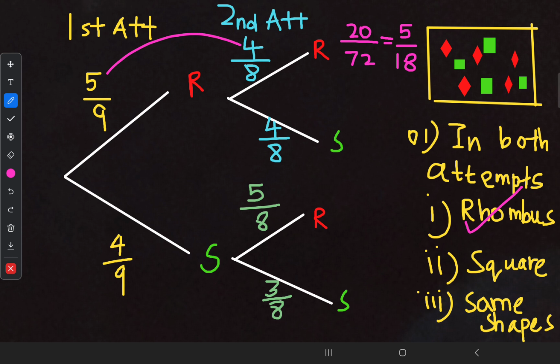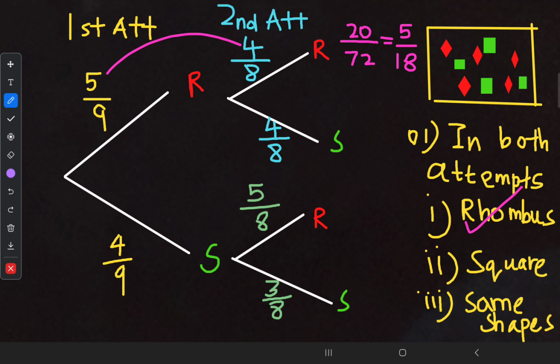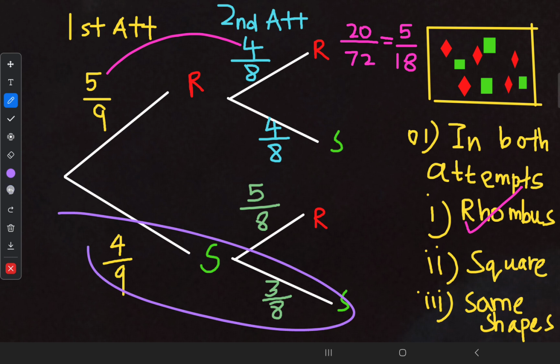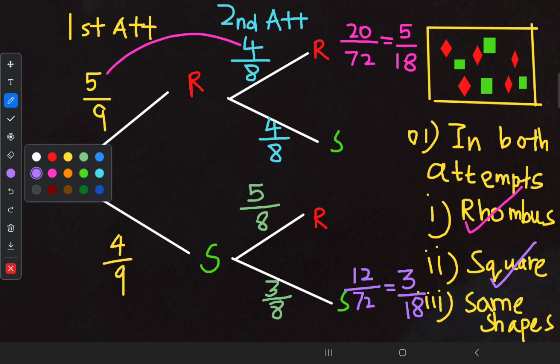Let's see the answer for our second instance. In both attempts square, so this probability: 4 threes are 12 and 9 eights are 72. When you simplify this further by using number 4, 3 upon 18. In both attempts you are taking the same shapes, so it can be rhombus or else square.